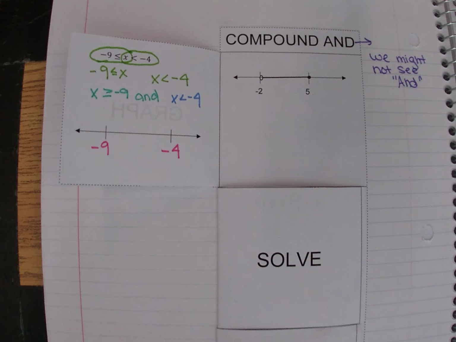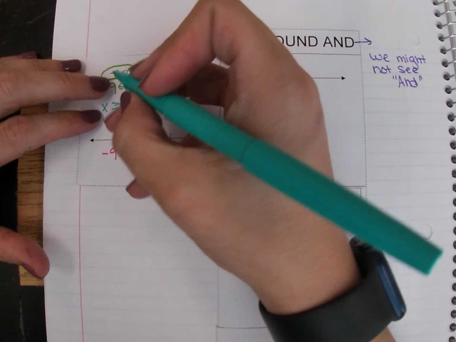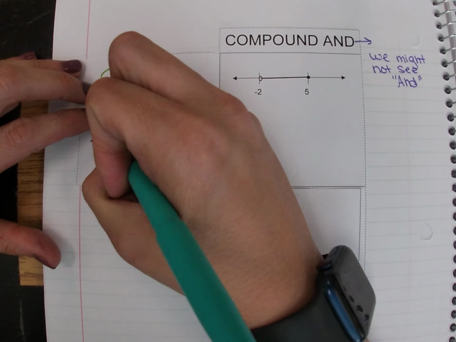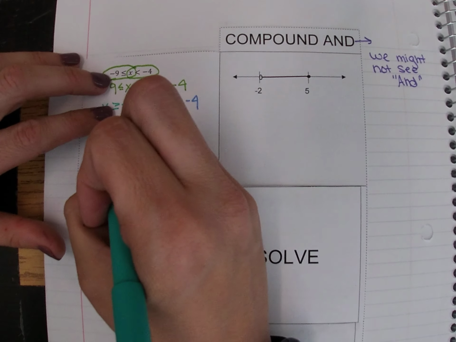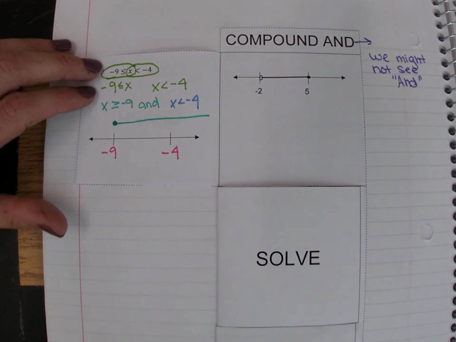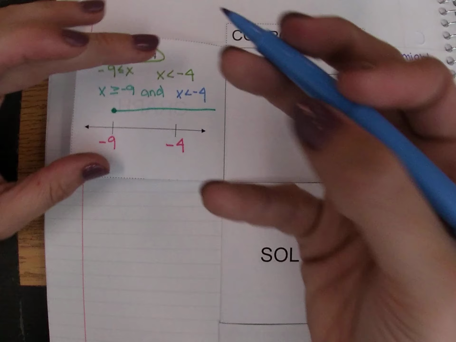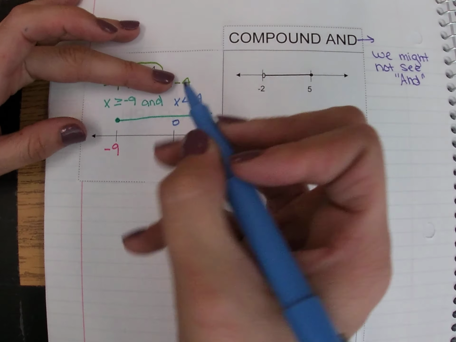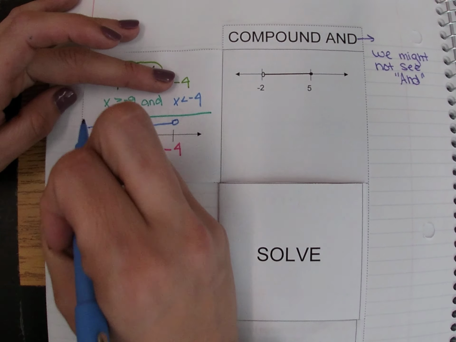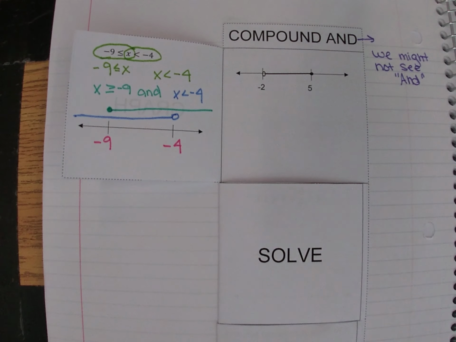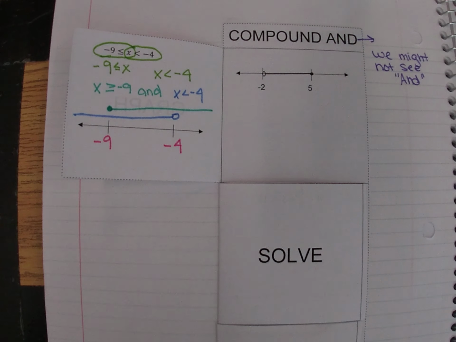Just like yesterday, I'm going to graph above. At -9, I'm putting a solid circle, and this tells me to shade to the right. At -4, I'm putting an open circle, and it's telling me to shade to the left. Yesterday, we would have looked at this and said this means all real numbers, but that was for a compound or.